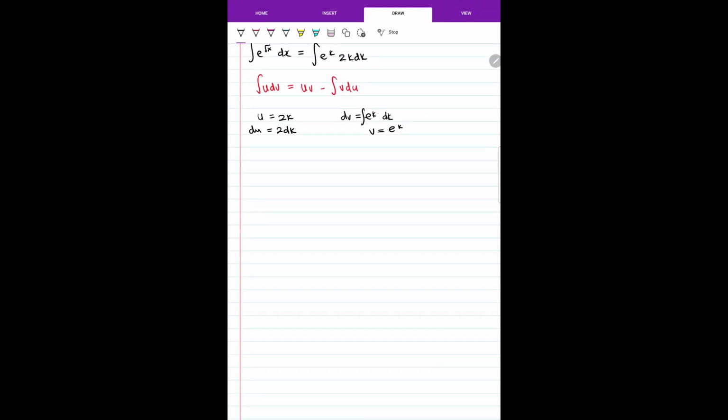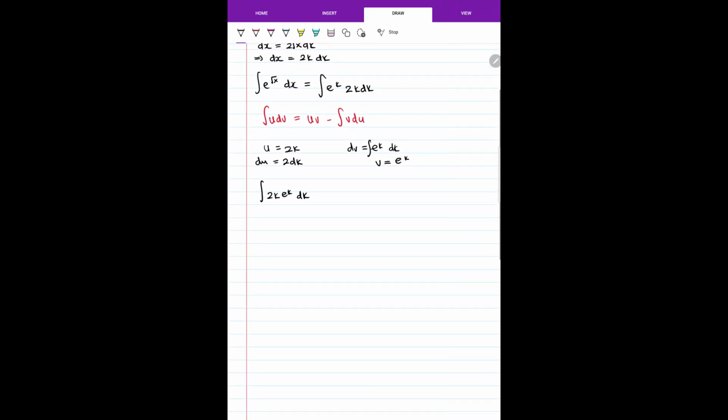So now we have the integral of u dv, and as you can see, they match up here. The order does not really matter, so we could change it because it does look a bit weird.